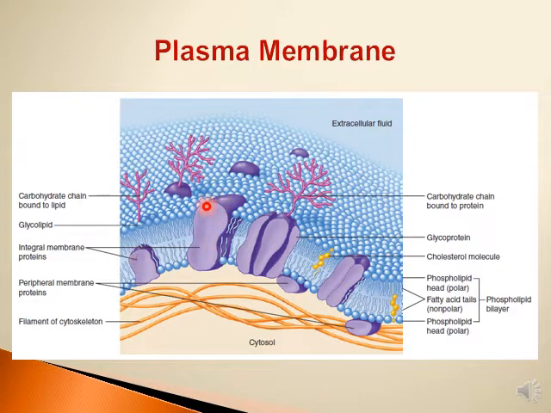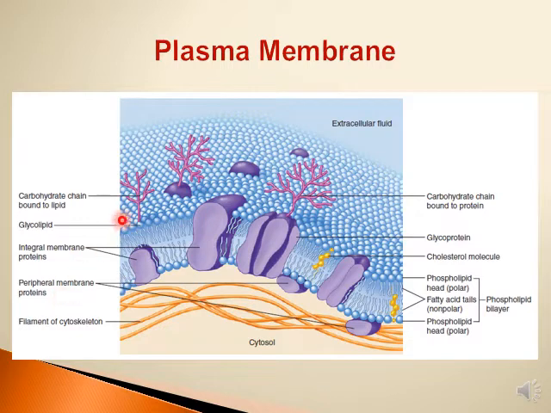Some of them fully span the phospholipid bilayer from one side to the other side, and we call them integral membrane proteins. Some of them partially span the phospholipid bilayer, so they are also called integral membrane proteins. We have proteins that are attached to the surface of the phospholipid bilayer, mainly on the inside, but sometimes also on the outside, and we call them the peripheral membrane proteins.